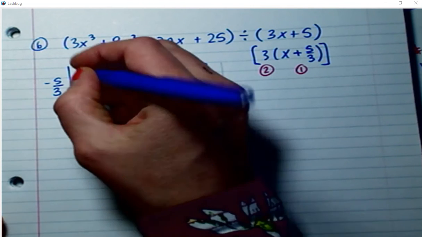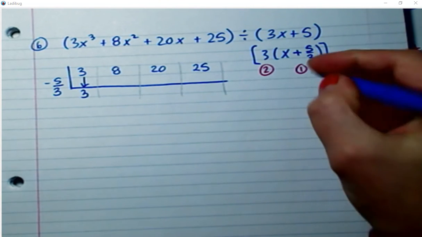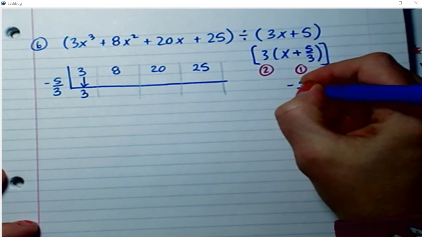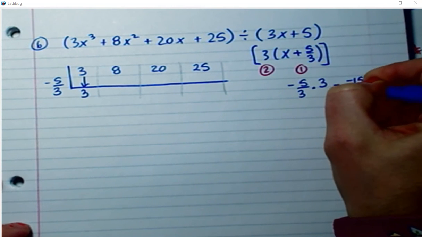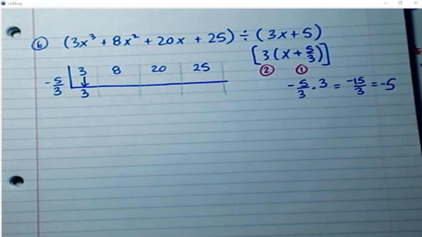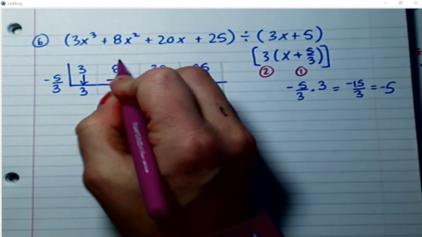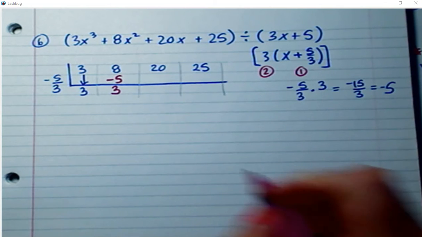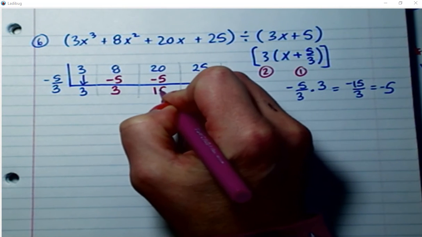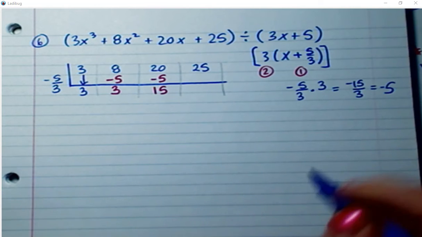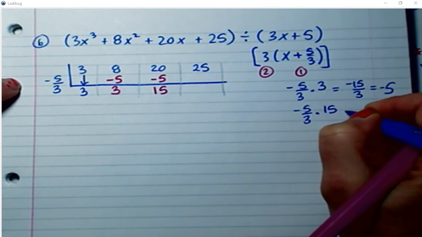Okay, here we go. Drop. All right, guys, how do you multiply fractions? Minus 5/3 times 3, you just go straight across. Just a little reminder on those fractions. Add. Okay, that one I can do. Minus 5. Now I've got minus 5/3 times 15.